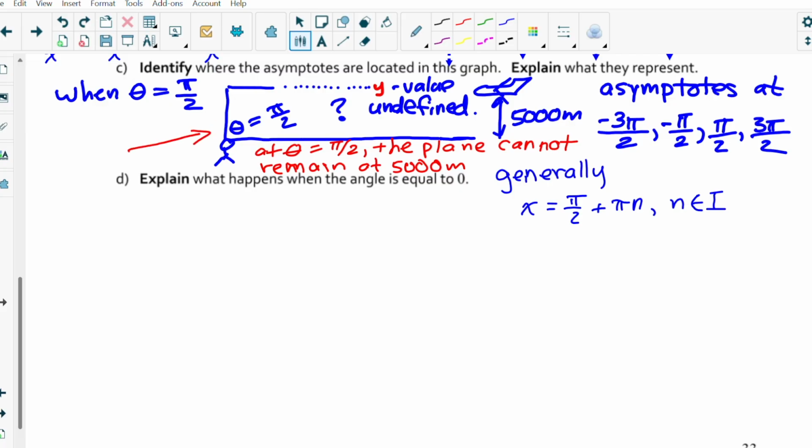And then we show that with this diagram here. Okay, so letter D: explain what happens when the angle is equal to 0.